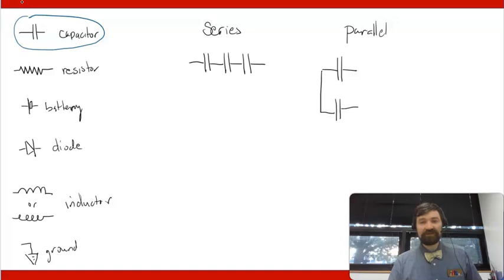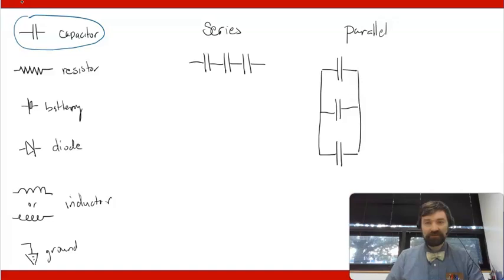I have a second capacitor. Maybe it branches down further, and down here I have a third capacitor, and so on. So this would be parallel. The important thing with the parallel is that they branch, you have your elements, and then the branches reconnect. In series, there's no branching.